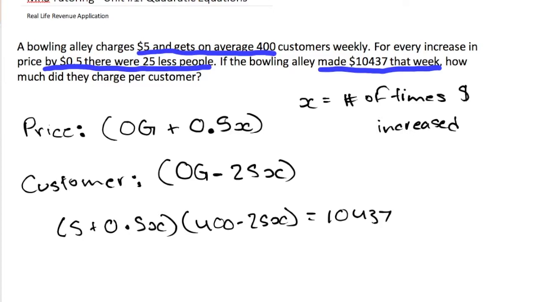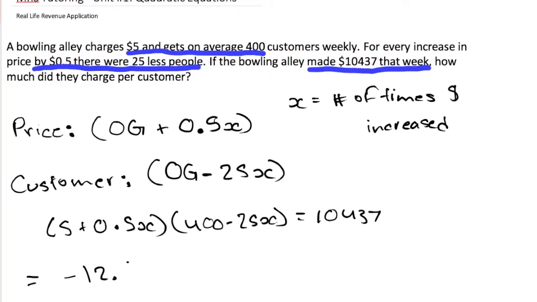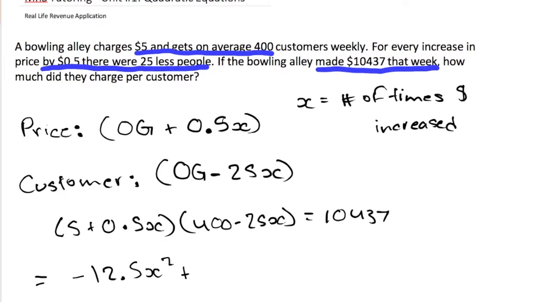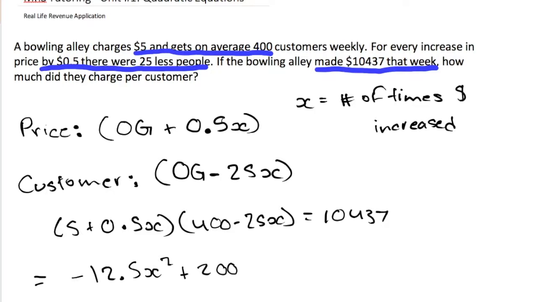After we have set up this equation, we're going to solve it by expanding the brackets, writing it in a more simplified quadratic form. 0.5 times negative 25 would be negative 12.5x squared. Then we expand the 0.5x into the 400, so 0.5 times 400 would be 200x.